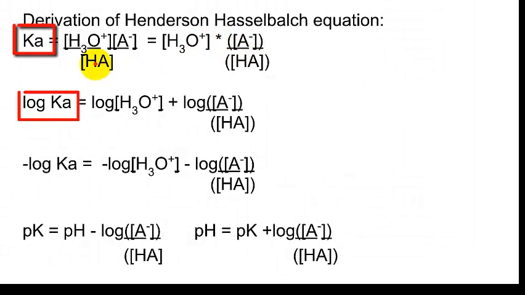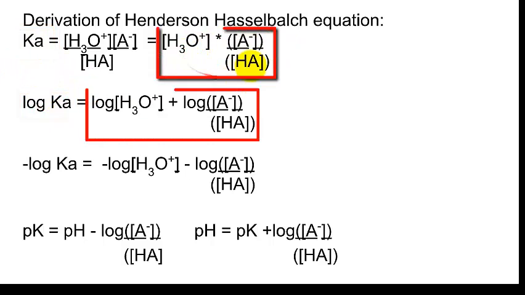Then let's take the log of both sides. So if we take the log of Ka, in other words, the log of this product, it's going to be equal to the log of H3O+ plus the log of this ratio. So you might say, but this was a multiply here, and all of a sudden it became a plus. Well, that's because a log is an exponent, and what happens when you multiply two things with different exponents? You add the exponents.